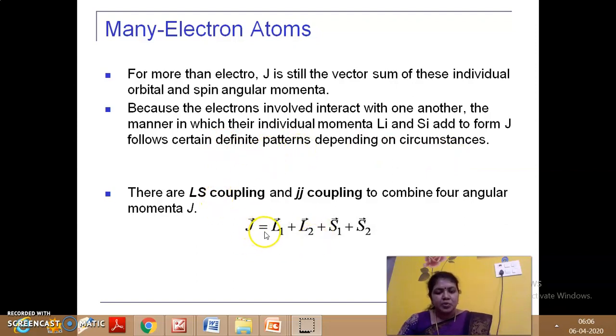That is, it would not be as simple as L1 plus L2 plus S1 plus S2, say for example in a 2 electron atom, but it would follow two different routes called LS coupling and JJ coupling. What are these two new schemes? We would see in the following slides.